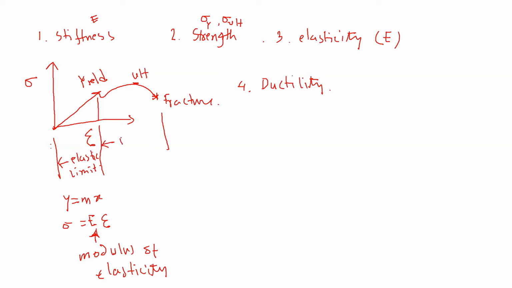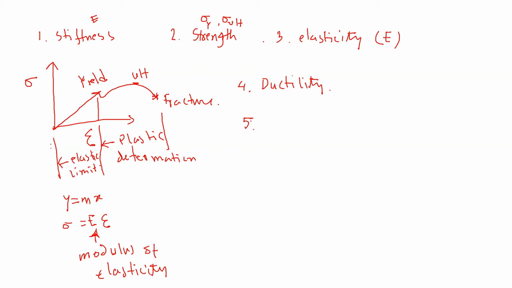So this is the area, plastic deformation, meaning that once it goes past this yield point, it will never come back to its original position. So the elastic limit is gone, so the material will be under plastic deformation. So the ductility property is basically the ability of material to go under a plastic deformation under tensile load.